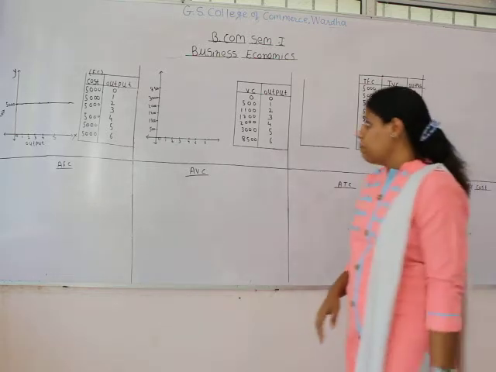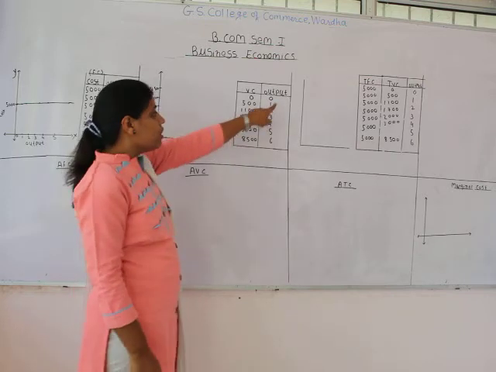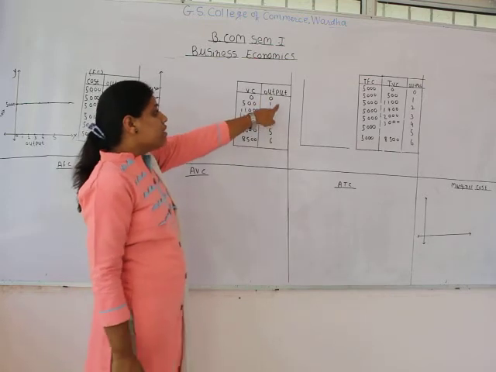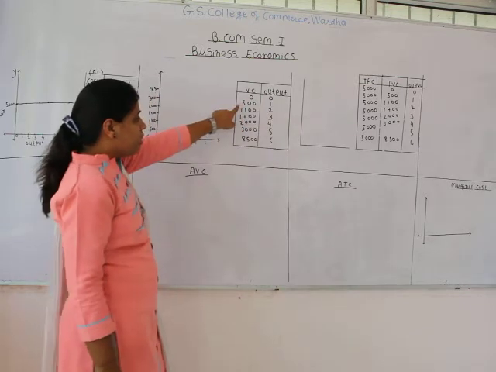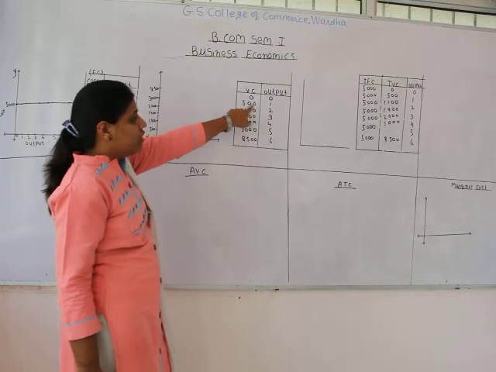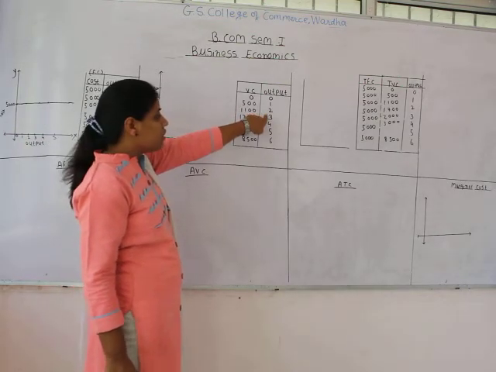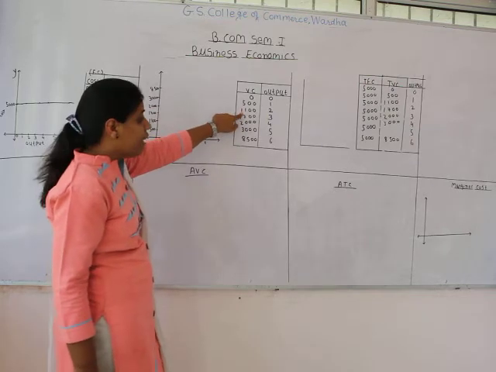Like in our example, at 0 level of output, you can see that variable cost is 0. When output is increasing to 1 unit, variable cost is increasing to rupees 500. Then when output is further increasing to 2, variable cost is increasing to 1100.